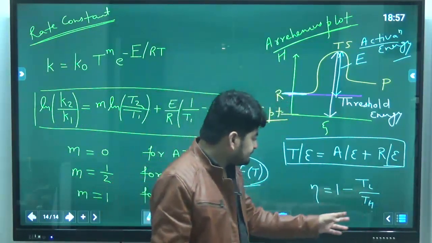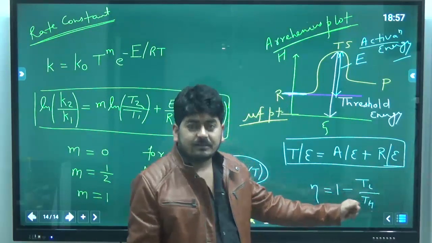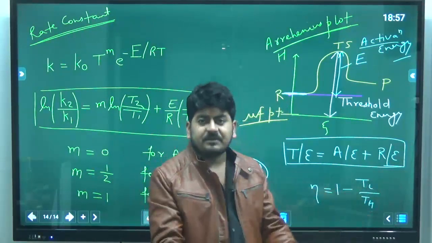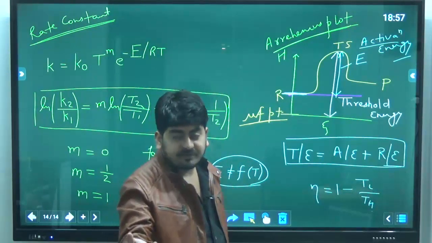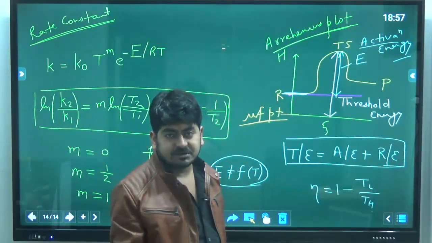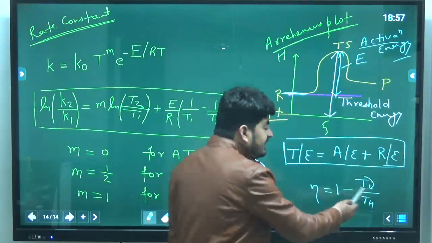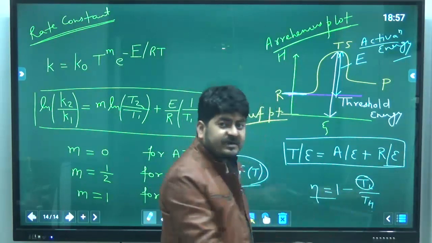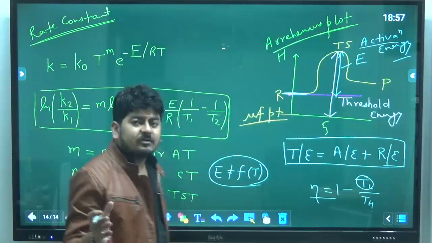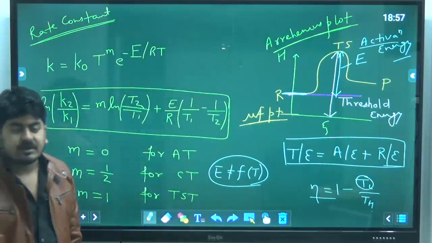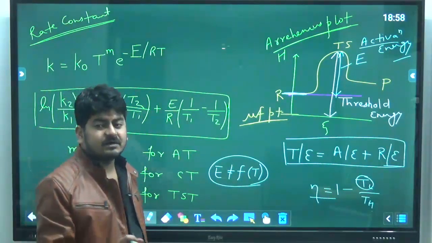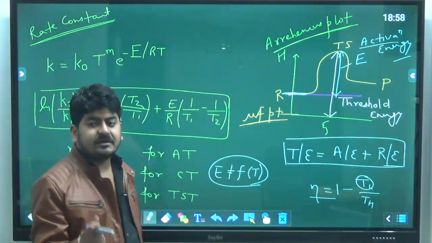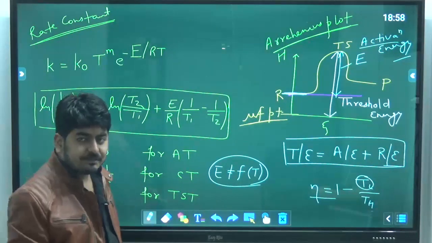But here, TL is the temperature of the sink, and if it is not possible to have absolute 0 temperature, then TL can't be 0, so efficiency can't be 1. We have already seen that the maximum Carnot efficiency can't be 1. That means theoretically as well, it is quite difficult, you can say impossible, to attain absolute 0 temperature.